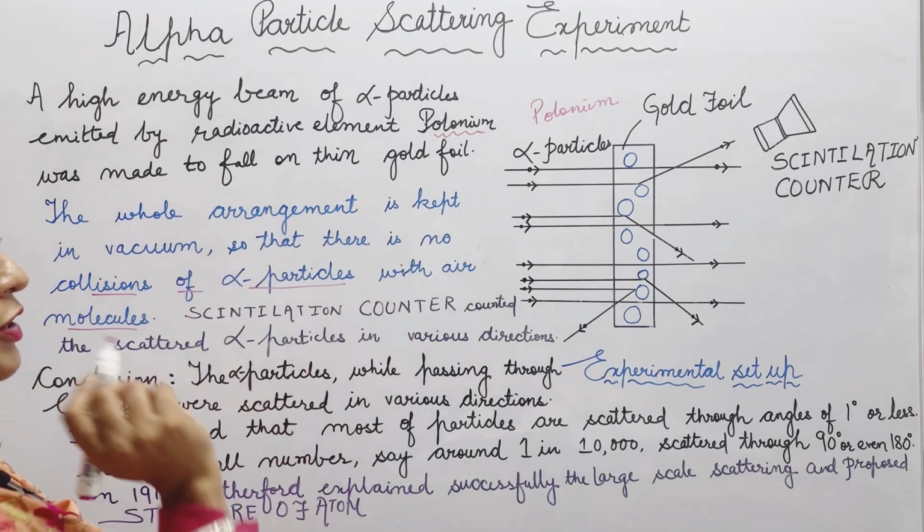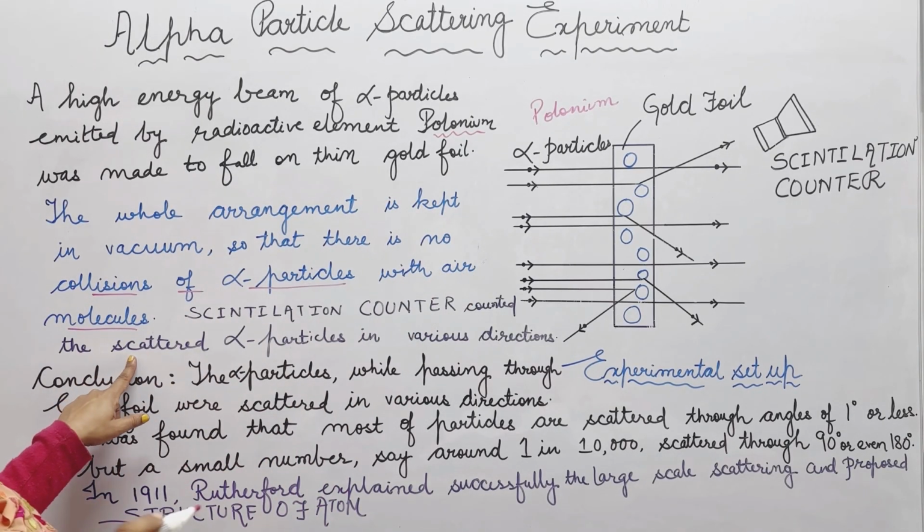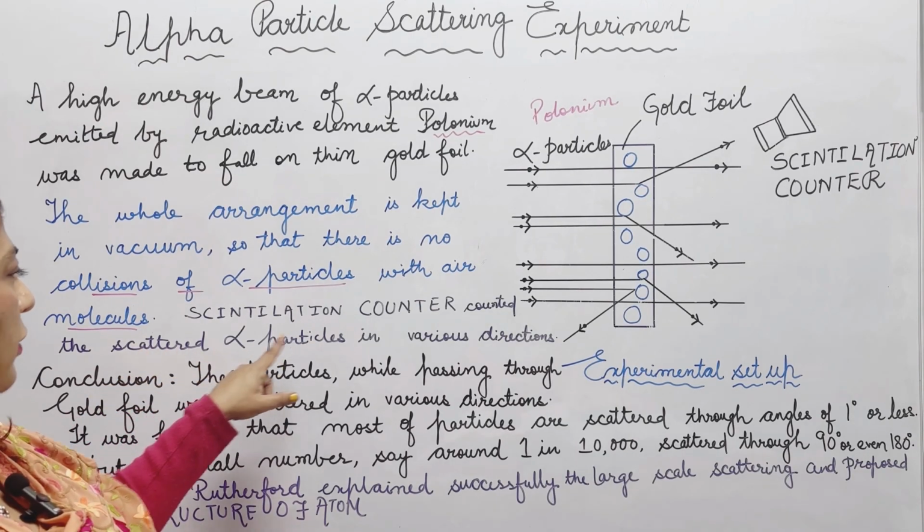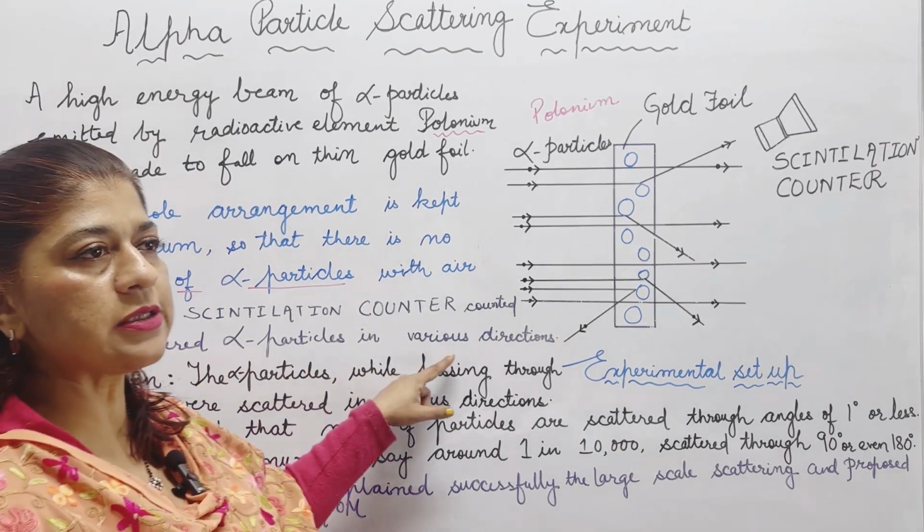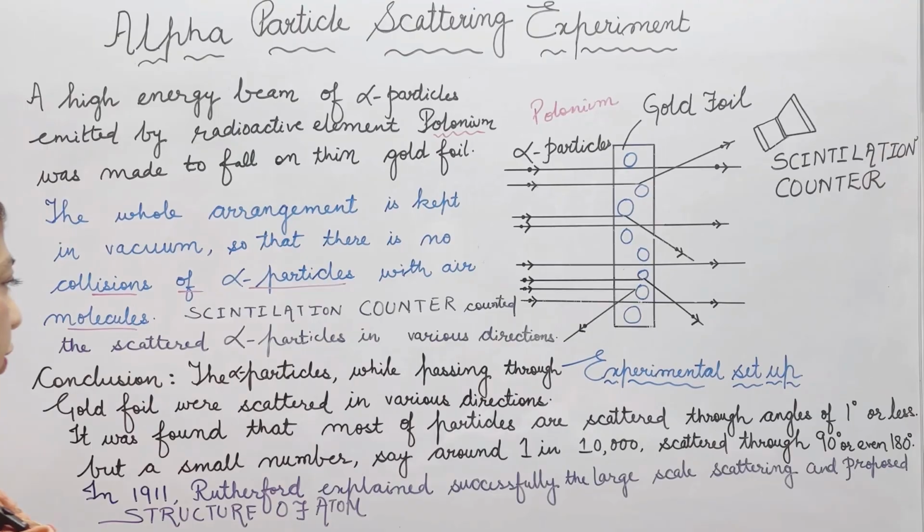The scintillation counter picks up and counts the scattered alpha particles that are coming in various directions.